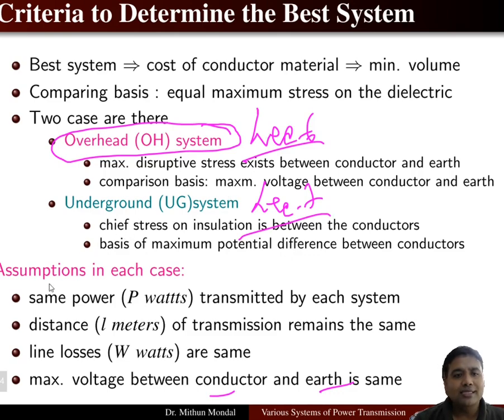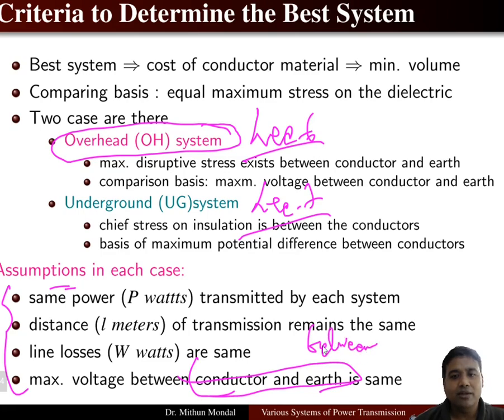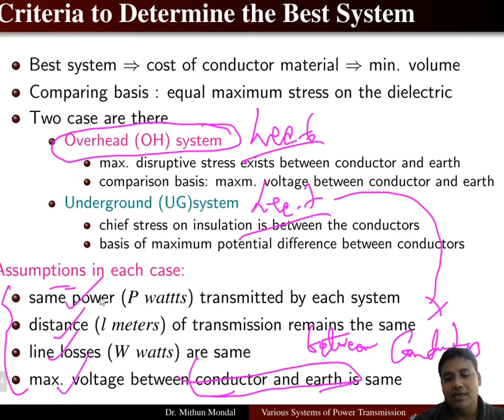So of these assumptions that we are taking, all assumptions except this one, conductor and earth, will hold, and here it will be between conductors for lecture number 7. So in lecture number 7, your underground system is there, so maximum voltage will be between conductors. That is the difference. So all the assumptions, please look into it. Same power, same distance, same losses, and the maximum voltage between conductor and earth are the same, which we are discussing for the overhead system.